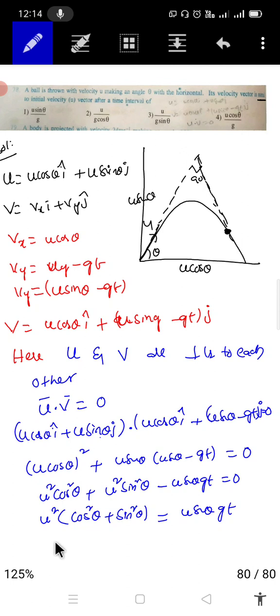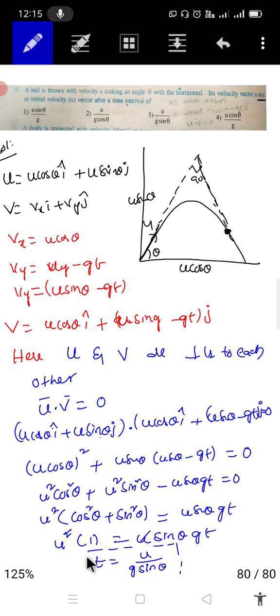So u squared into 1 is equal to u sin theta gt. Now one u gets cancelled. Now t is equal to u by g sin theta. So time t is equal to u by g sin theta.